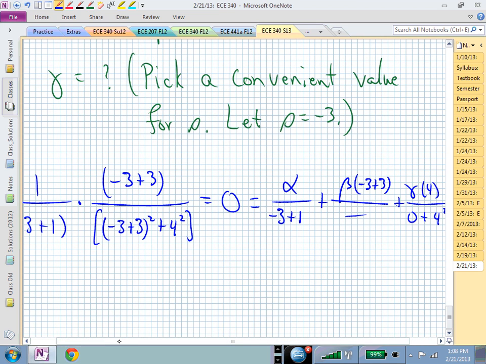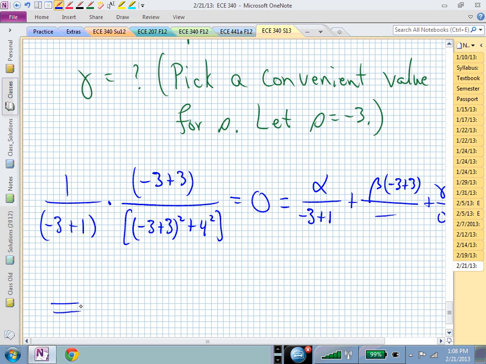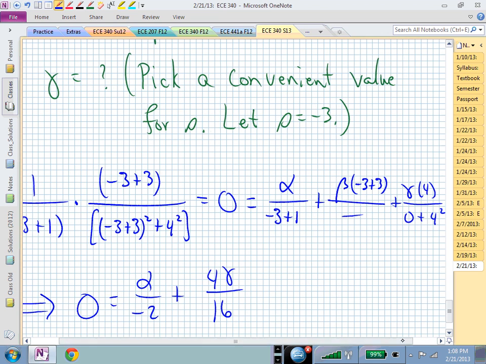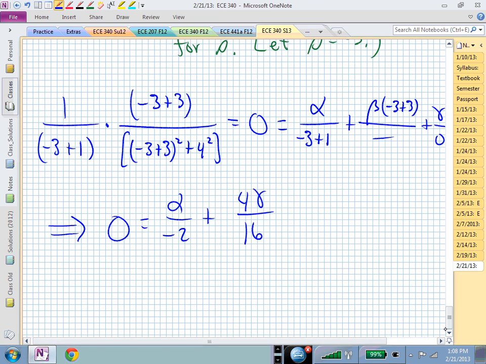And that now gives me 0 on the left. I have alpha over minus 2. I had a 0 for beta. And I had a 4 gamma over 4 squared. I can clean that up if I multiply everything through by 16, and if I push the alpha on the other side, I now have 8 alpha is equal to 4 gamma.